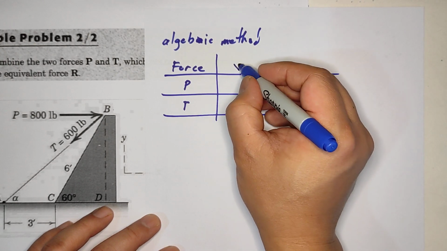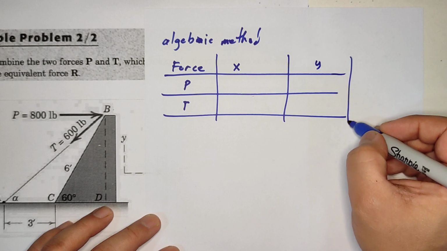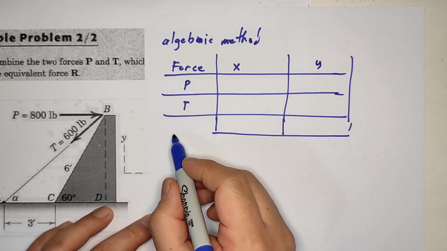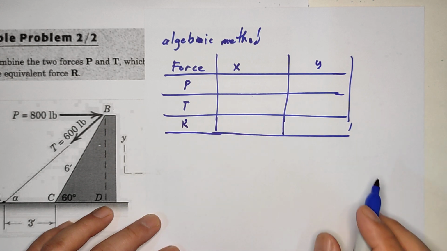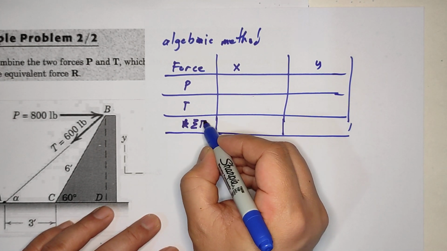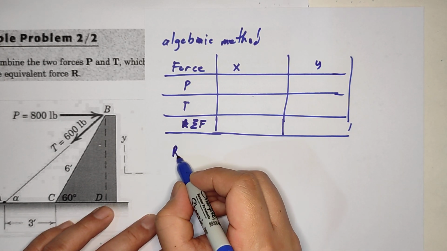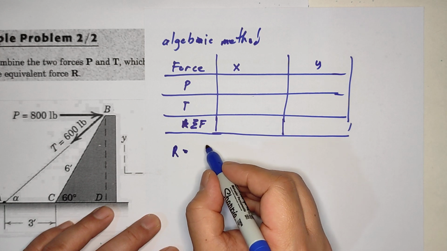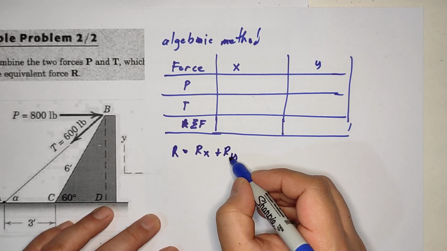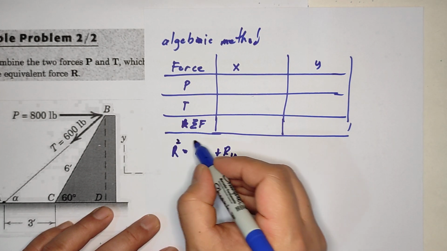Then you have the X component, then you have the Y component, then later on the sum. Okay, and this is the resultant, the summation of forces. Now, the resultant is actually Rx plus Ry, and this should be squared.